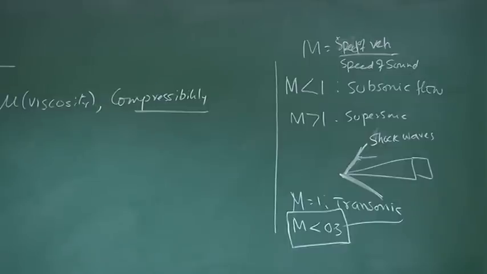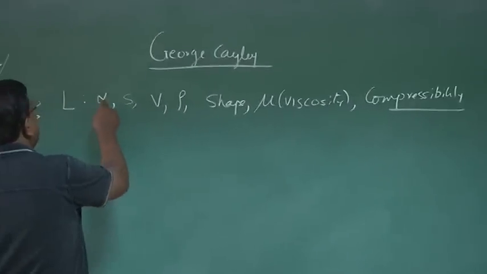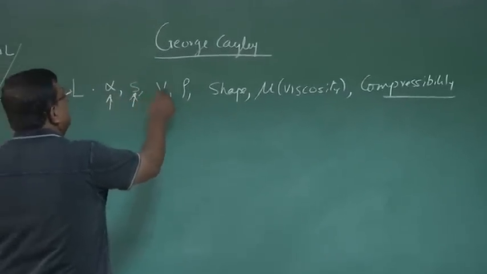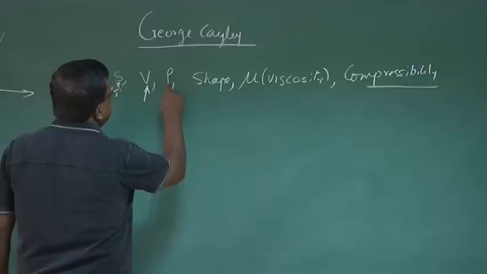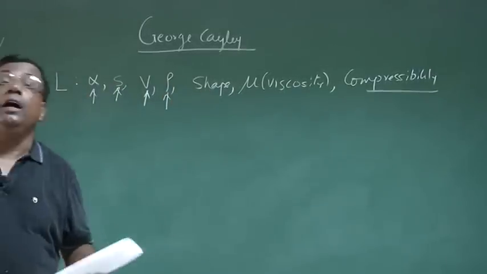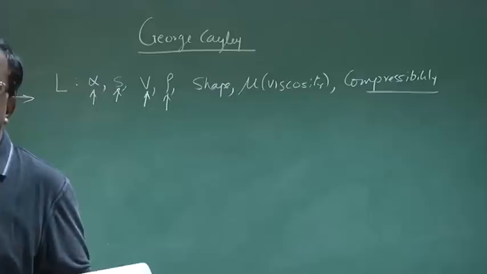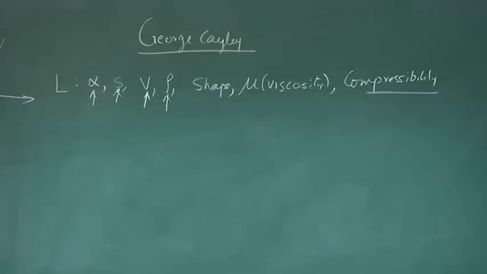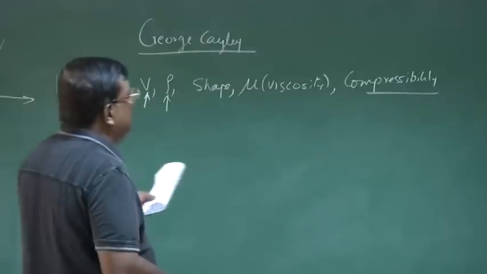Now see here, the lift is a function of alpha, area, velocity or speed, density, shape, which by now means aerofoil, what type of aerofoil, what is the contour of the aerofoil, then viscosity and compressibility.